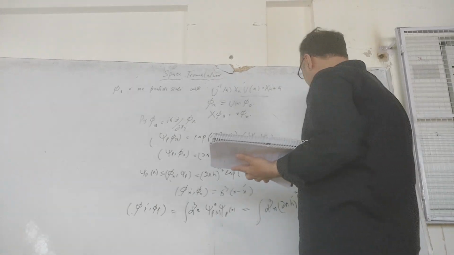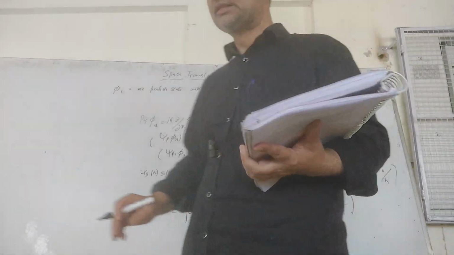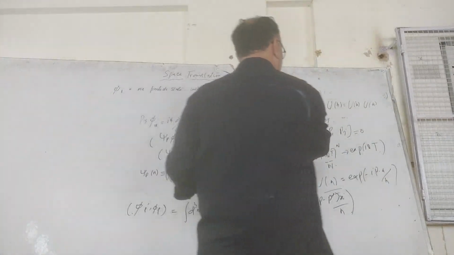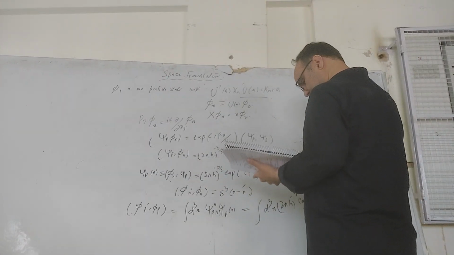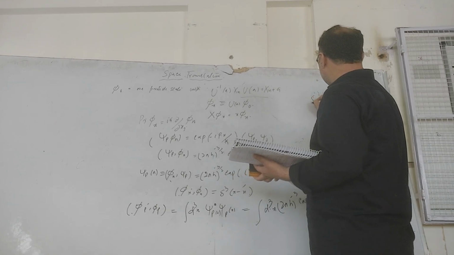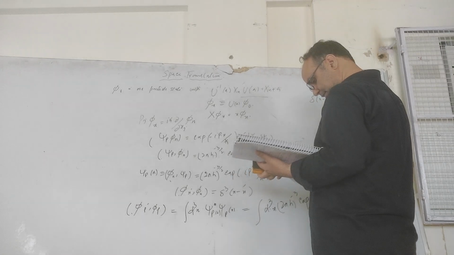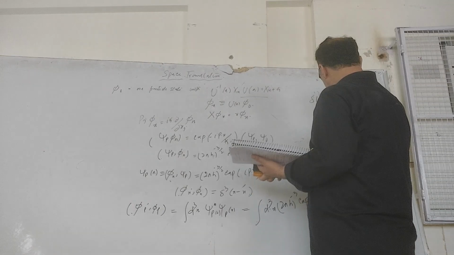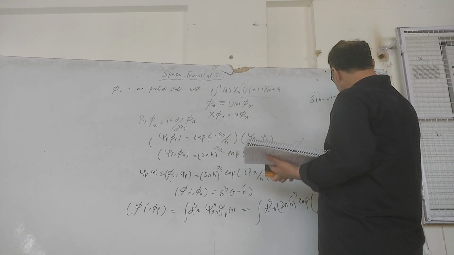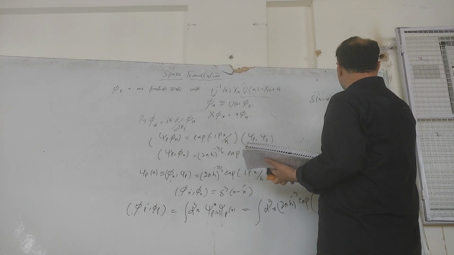So if you remember the Fourier analysis, we can write delta of x minus x prime as 1 by 2 pi, exponential of iota k times x minus x prime.